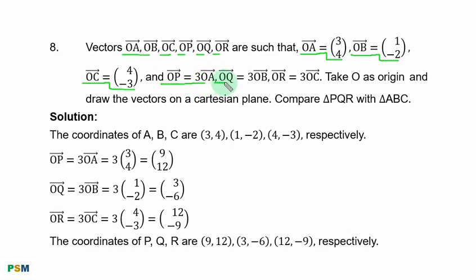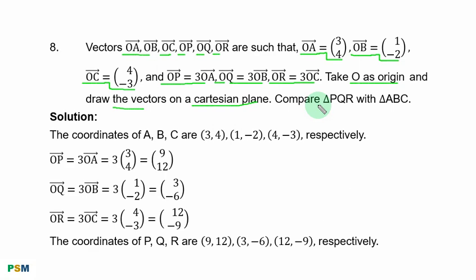Vector OQ is equal to 3 times vector OB. Vector OR is equal to 3 times vector OC. Take O as origin and draw the vectors on a Cartesian plane.